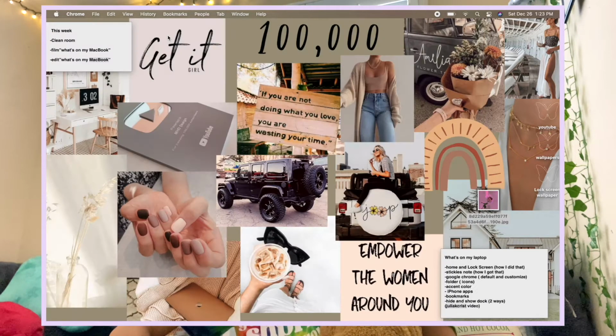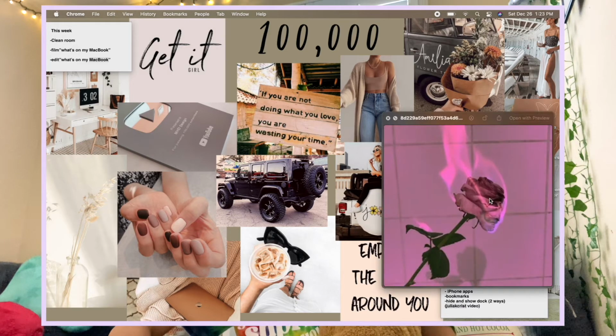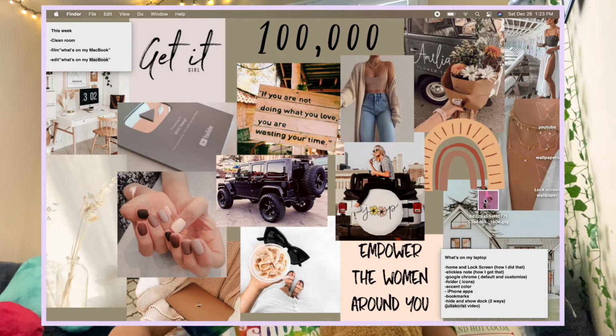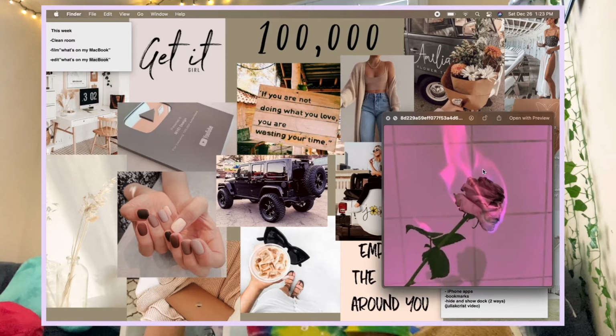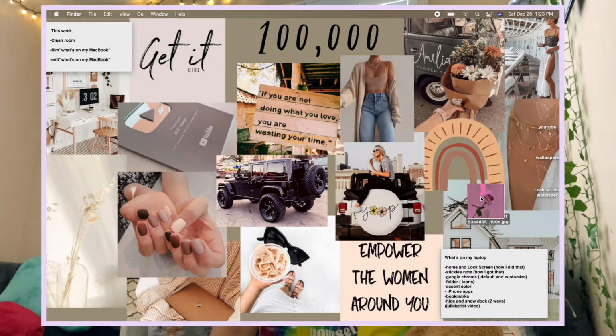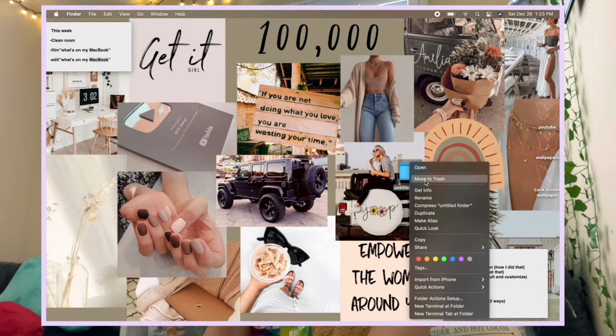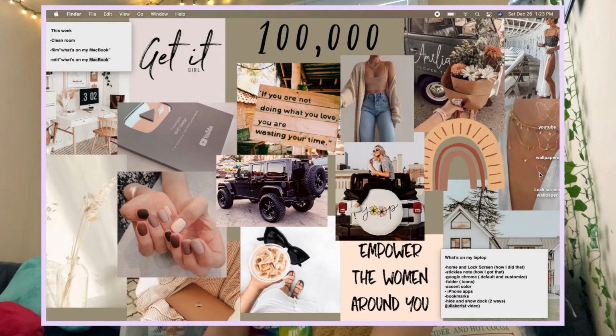I added that to a whole bunch of photos, and then I dragged it over my photo that I chose. You want to make a whole folder, so just make a folder and do whatever you want with that. I put lock screen wallpaper, but you can put whatever you want, and just drag a whole bunch of photos over there, and it adds it.